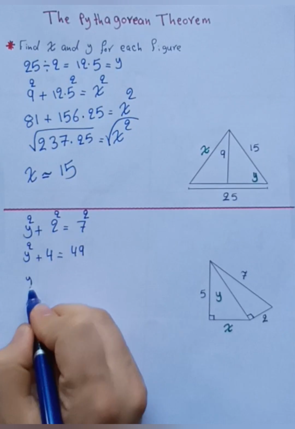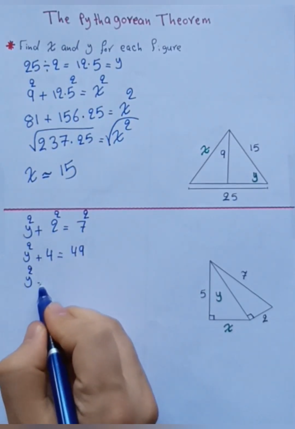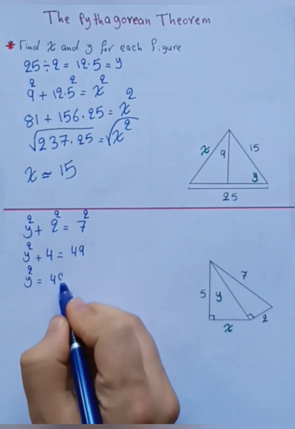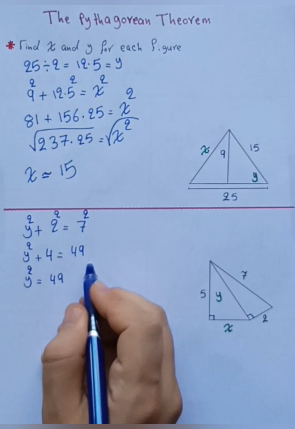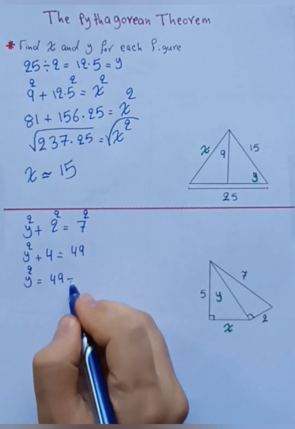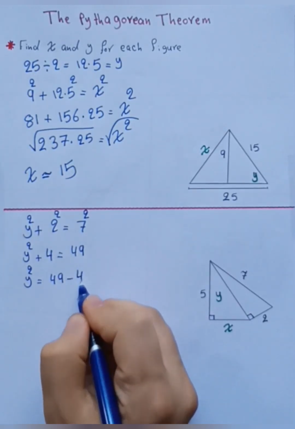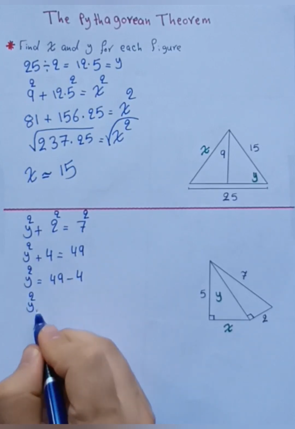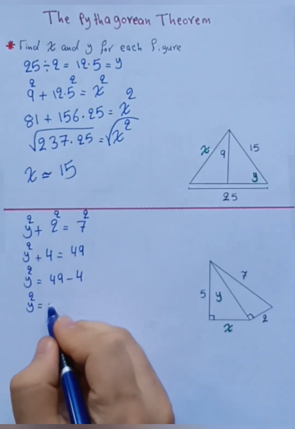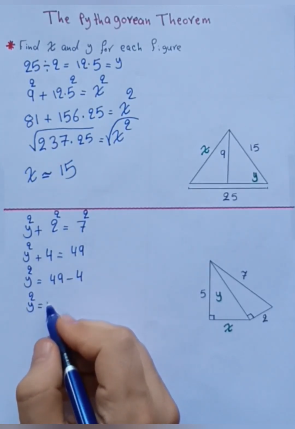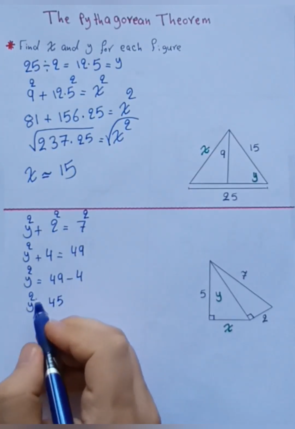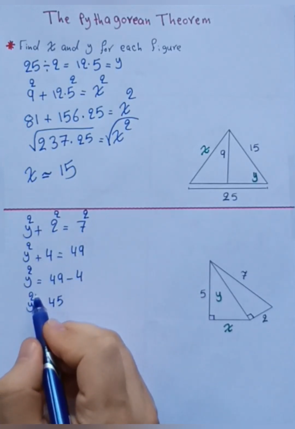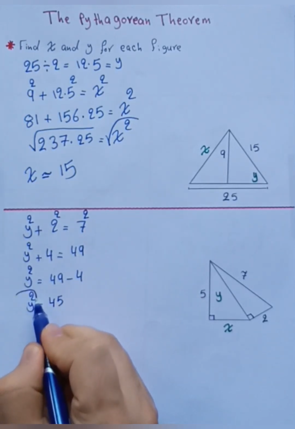Now y squared plus 4 equals 49. We can move this positive 4 to the right side and it becomes negative 4, so y squared equals 49 minus 4 equals 45. And then you have to take the square root of both sides.